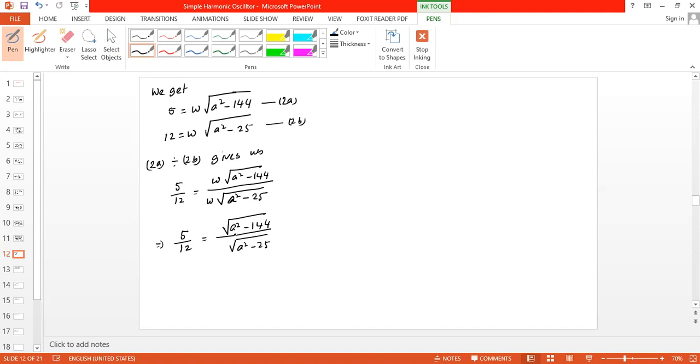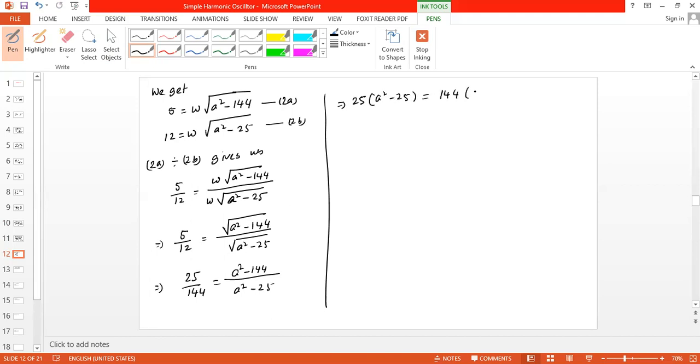We can take the square root on both sides, so 25 over 144 is equal to a square minus 144 divided by a square minus 25. You can solve this by taking the cross product: 25 into a square minus 25 equal to 144 into a square minus 144.